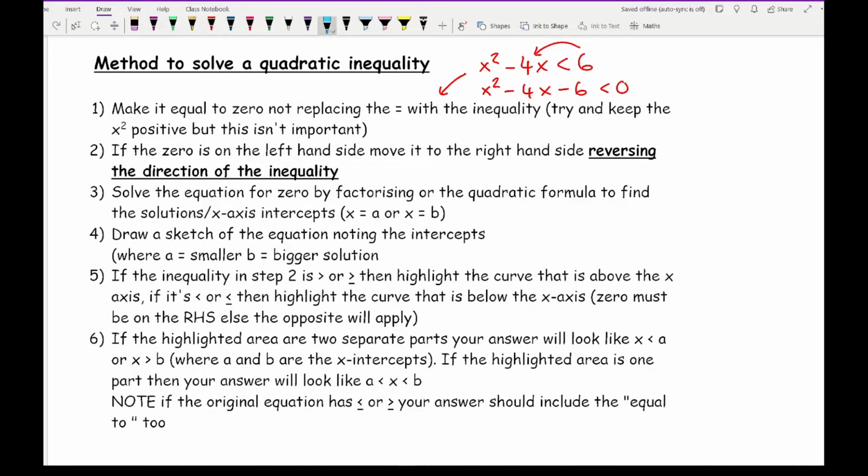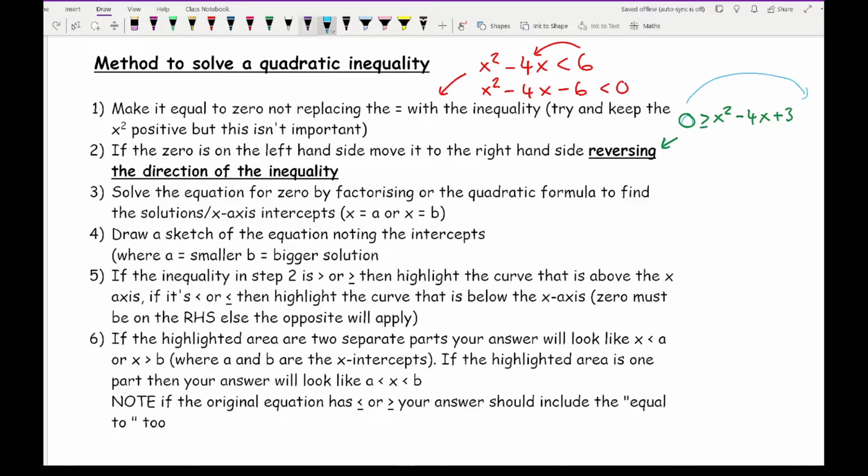With the second point, if we had something that looked like this, so let's say we had 0 is greater than x squared minus 4x plus 3. Now, we can stick an equal sign, it doesn't really matter. But what I'm suggesting in this particular step 2 is to take this 0 over to the other side.